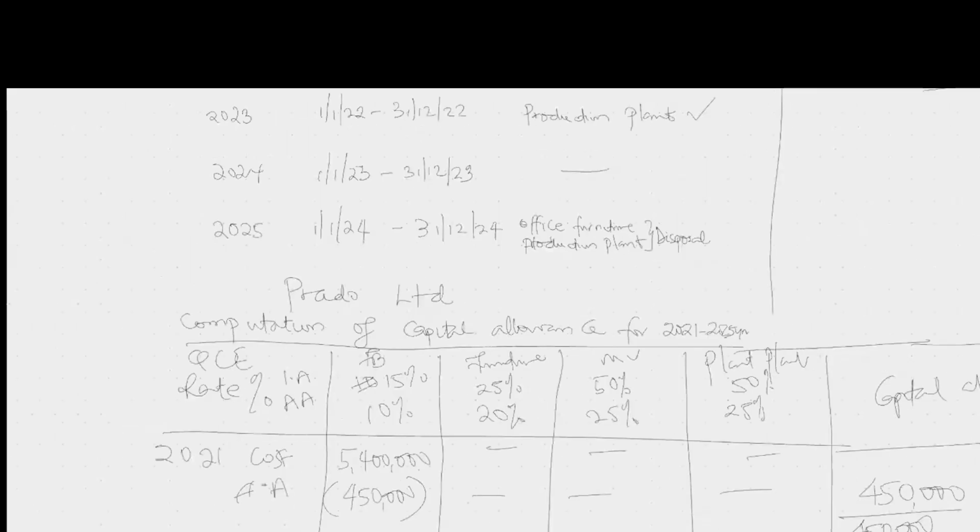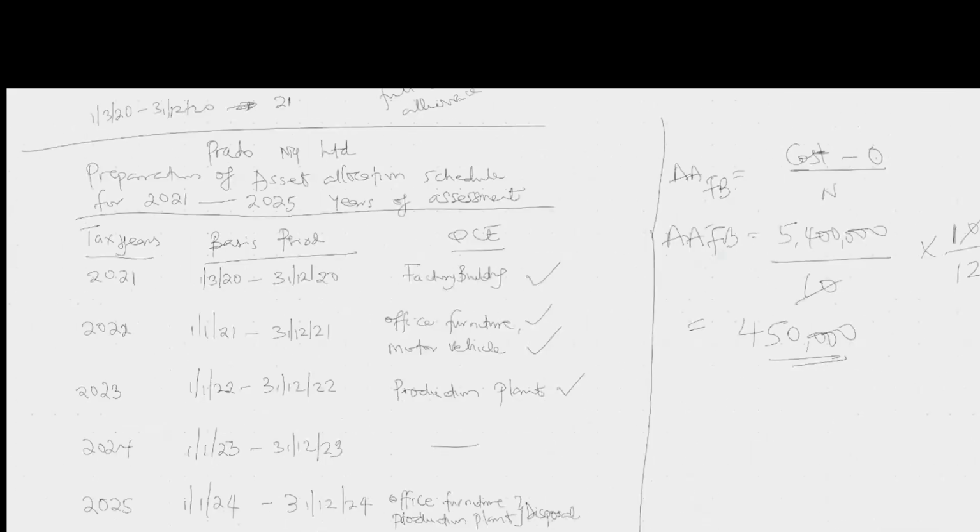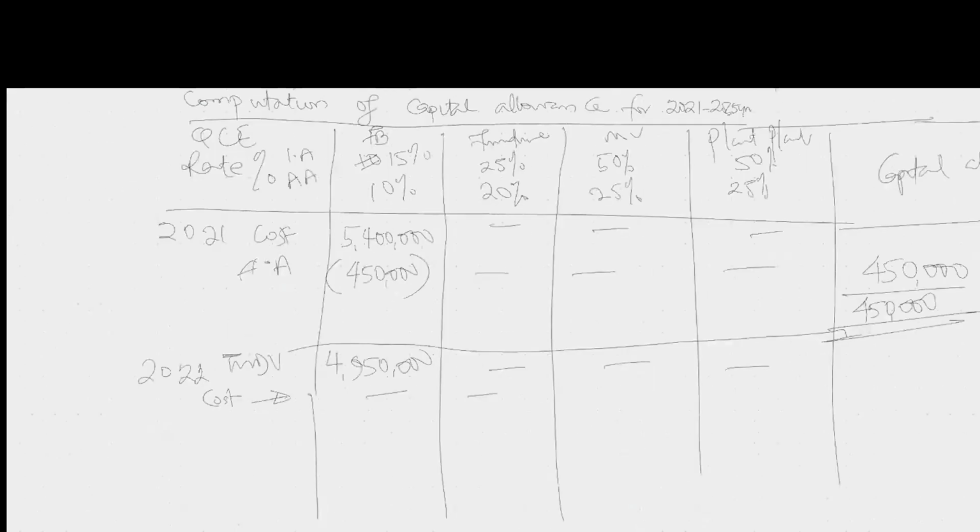So give me the furniture. How much is furniture? Furniture is 2,750,000 naira. Okay. What about the other one?